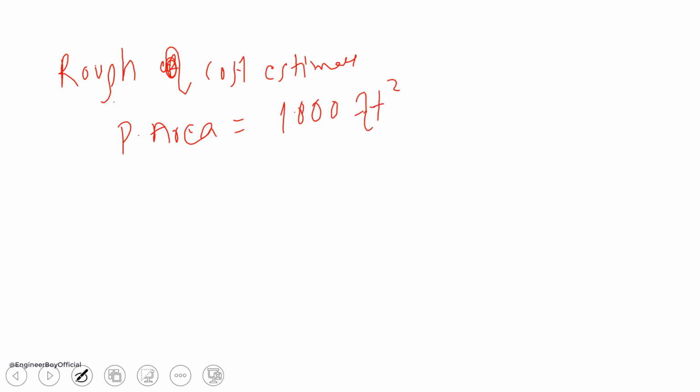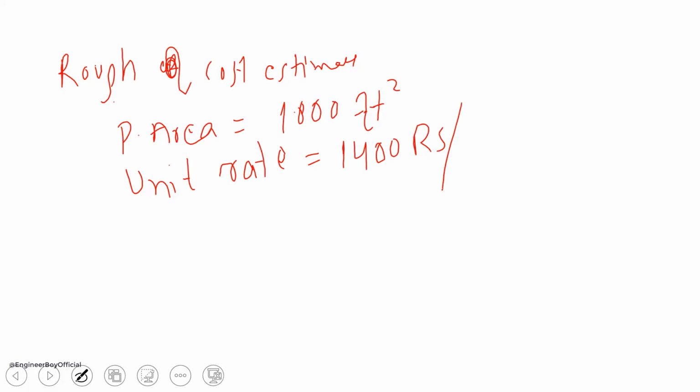Now, the cost of construction is also known, which is the unit rate, and let's say the unit rate is 1,400 rupees per square feet. It can be different because it depends on the materials being used in the construction of the building or structure. This 1,400 is normally taken for normal residential buildings.